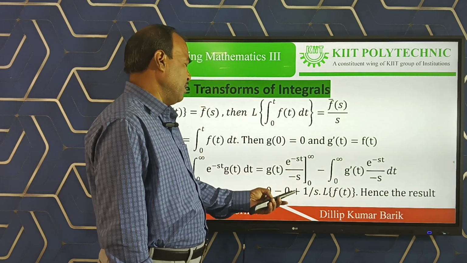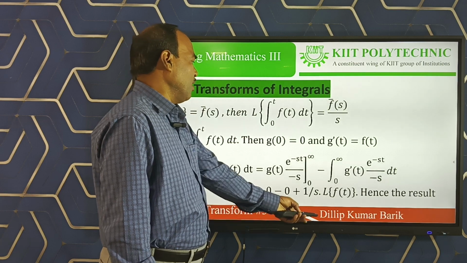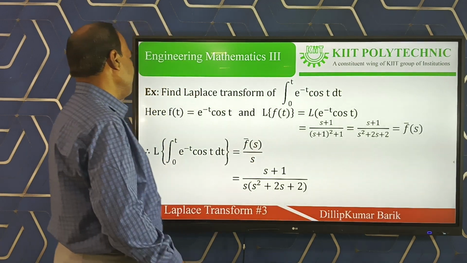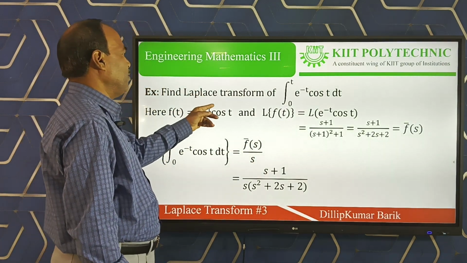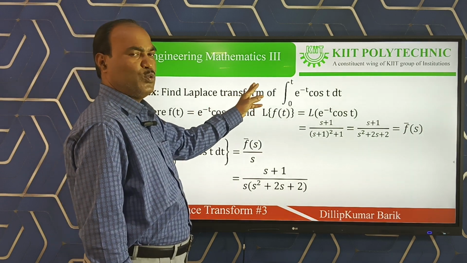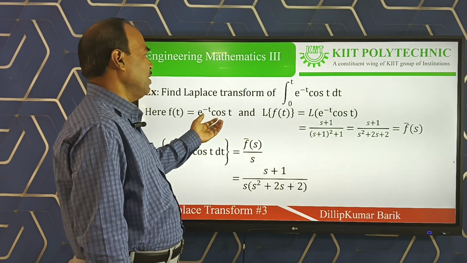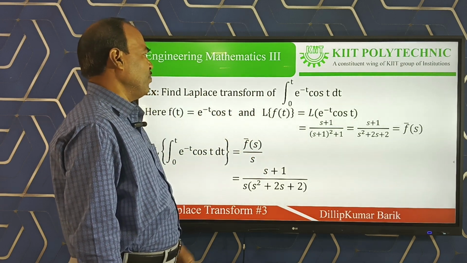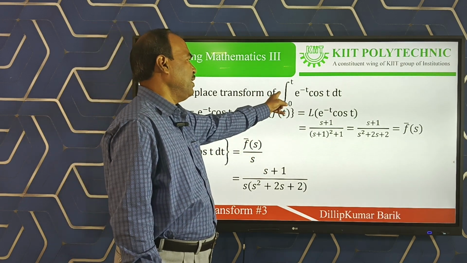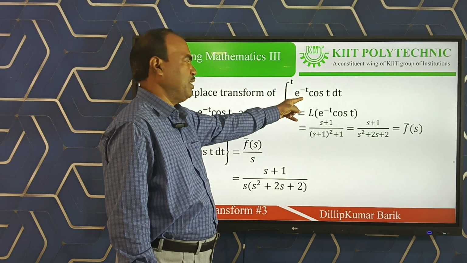And how is it useful? Let us simplify a question. Find Laplace transform of the integration over 0 to t of e to the power minus t cos t dt. So clearly comparing with the previous one, here the f(t) part is what? E to the power minus t into cos t.